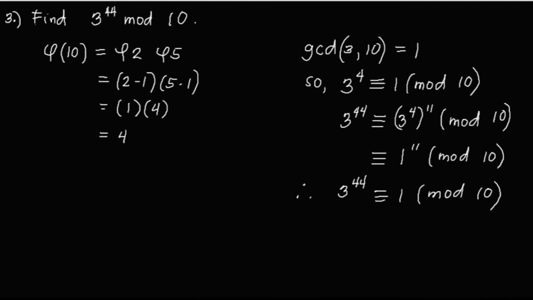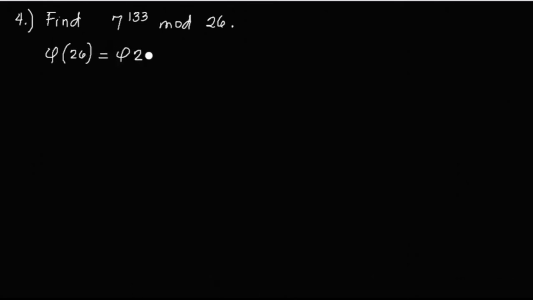Okay. Now let us have another example. Example number 4. Let us find 7 raised to 133 mod 26. Okay, so let us find first the phi of 26. So the prime factors of 26 are 2 and 13. So applying rule number 3, we have phi of 2 times the phi of 13.